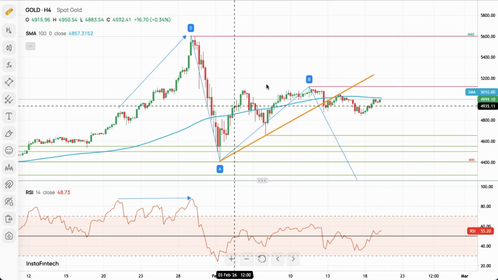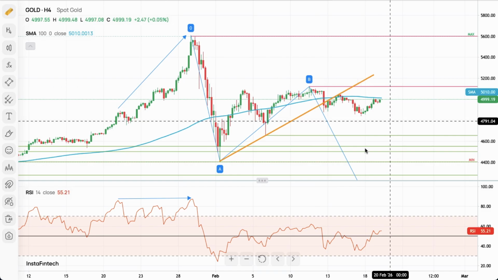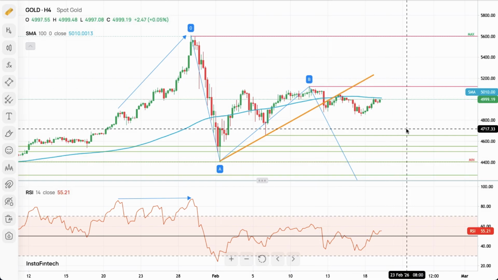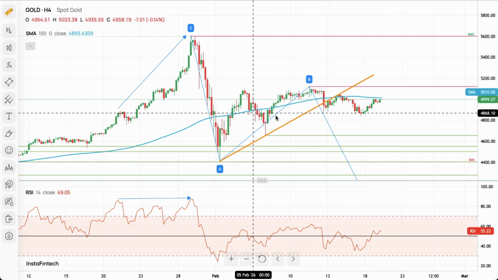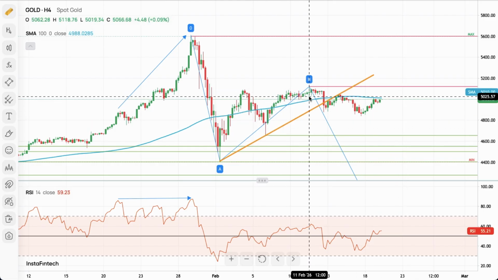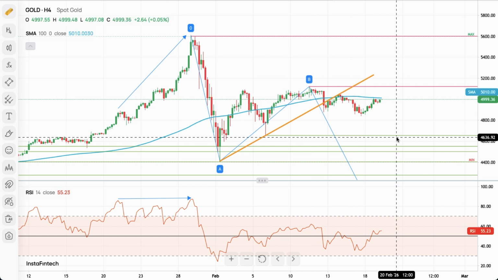Nevertheless, this correction here is starting to look too complex and time consuming, right? So if this is the current situation with wave B, maybe we are developing some sort of complex correction.